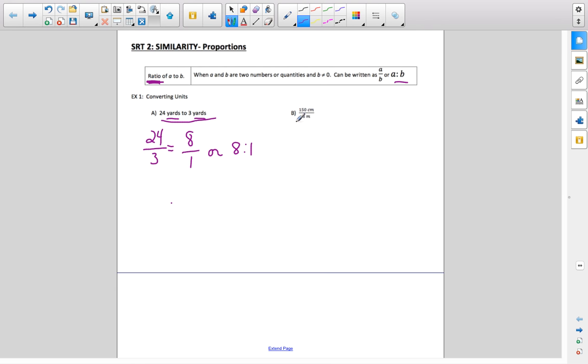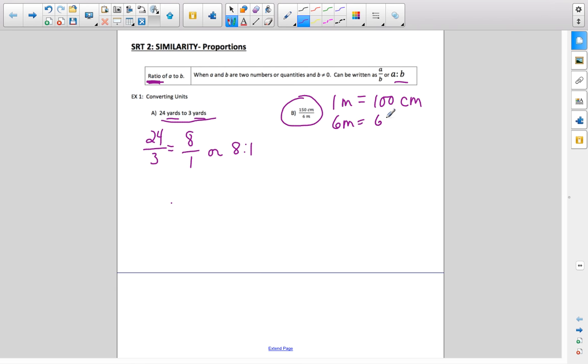Now let's look at the next one. This is a little bit different because the top says centimeters and the bottom says meters. If you remember from learning about the metric system, 1 meter equals 100 centimeters. Like on a meter stick, it's 1 meter long, but there are 100 little centimeters on it. So if 1 meter equals 100, 6 meters would equal 600 centimeters.